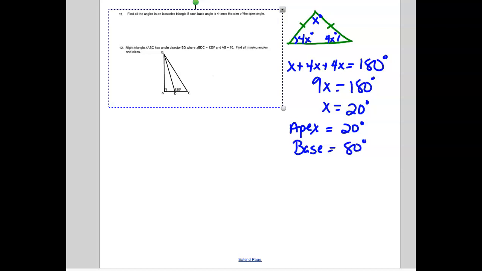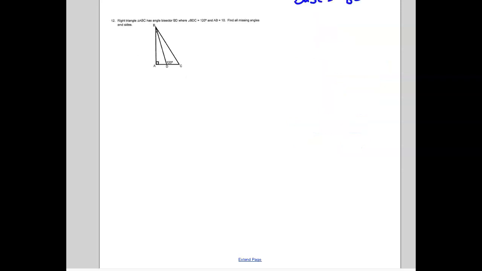All right, looking at question 12. Let me pause this for a second and shrink some of this writing here. Okay, so it says right triangle ABC has an angle bisector BD where angle BDC is 120 degrees and side AB is 10.